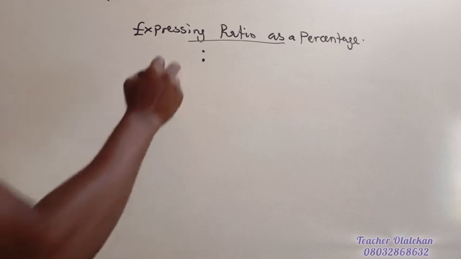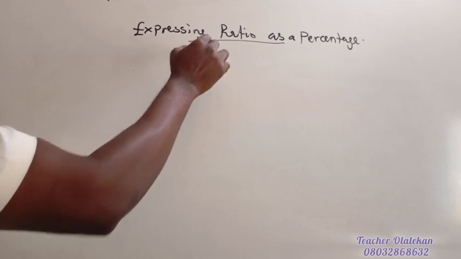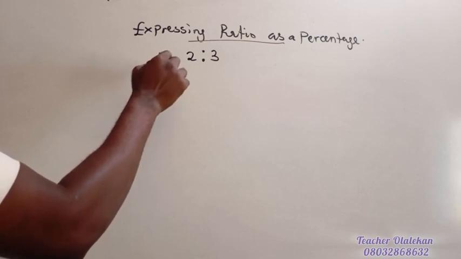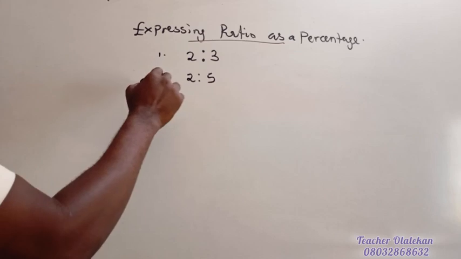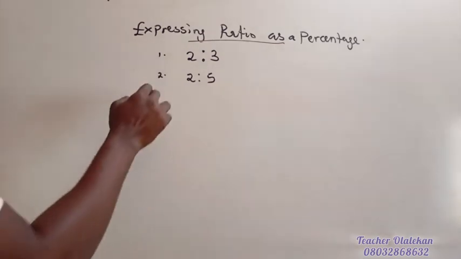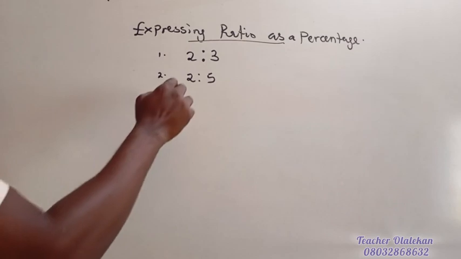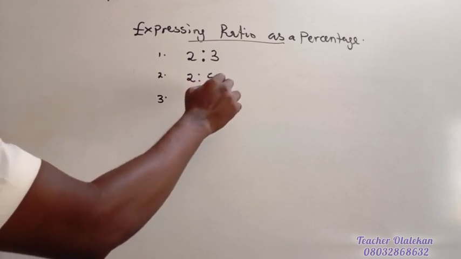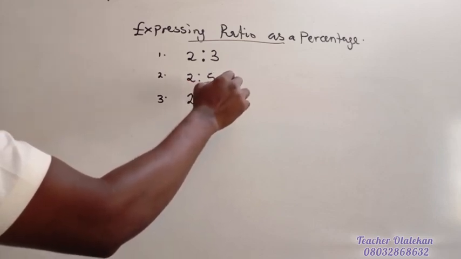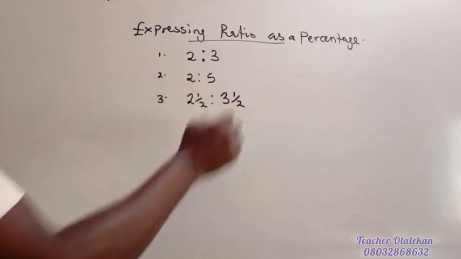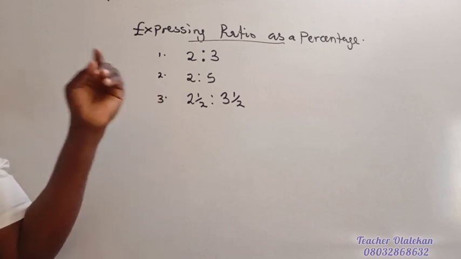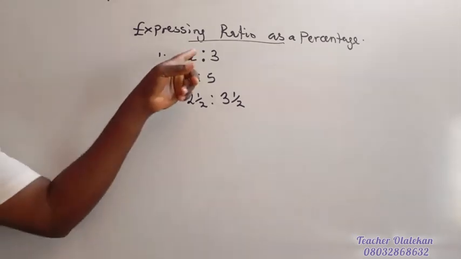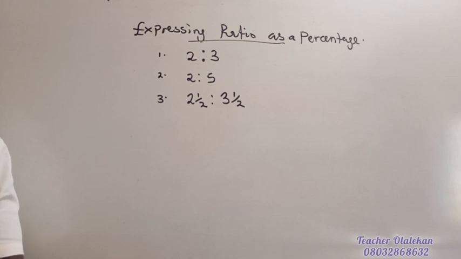For example, you may have 2 ratio 3, or we have 2 ratio 5, or you may have a very funny ratio like 2.5 ratio, let's say 3.5, right?